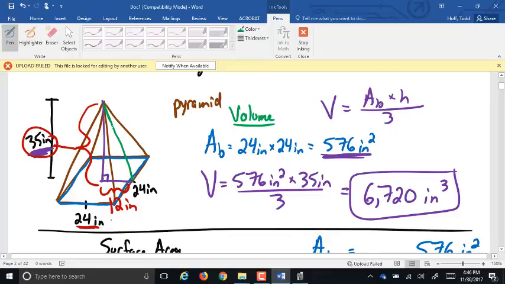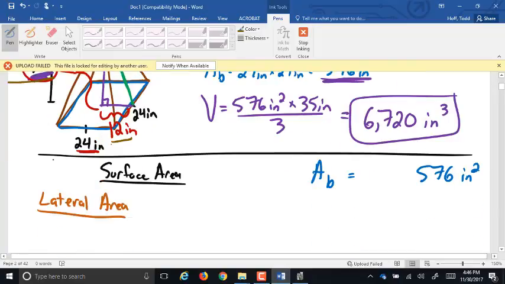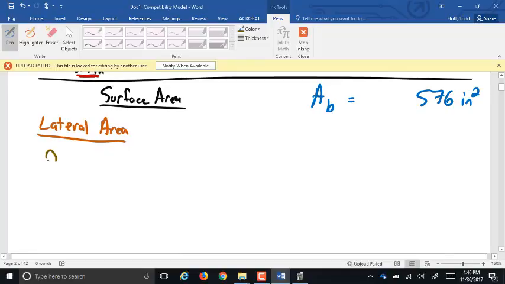So what we're finding over here is called the slant height, or the slant. That slant is the hypotenuse of a right triangle. So we have 12 and 35, looking for the hypotenuse.